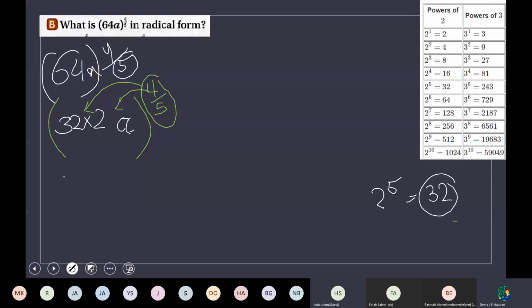Like 32 raised to the power 4 over 5, and I will put 2a now as 4 over 5. I will make them into two parts. The first one, 32 to the power 4 over 5. I just distribute the power into 32 and 2a.